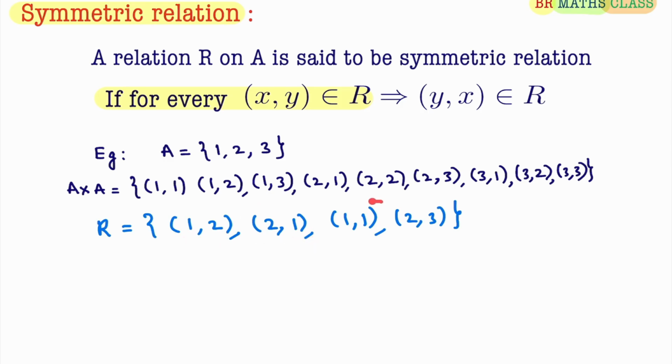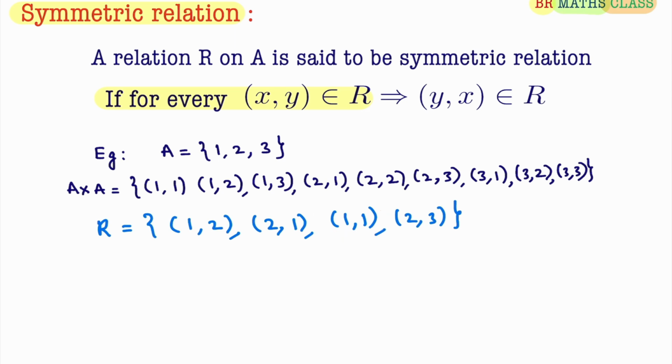Now come to this 1 comma 1. See, x comma y, y comma x. For 1 comma 1, what is y comma x? Y comma x is also 1 comma 1. So here for this ordered pair 1 comma 1, 1 comma 1 must be present in this relation. Is 1 comma 1 there in this relation? Yes, here it is. So this element also passes the symmetric test.